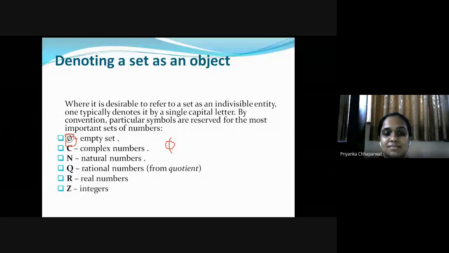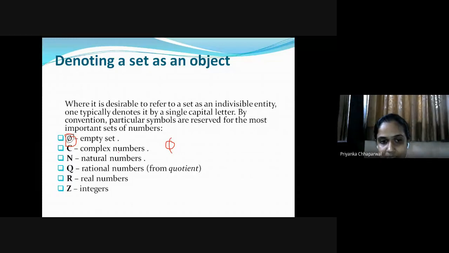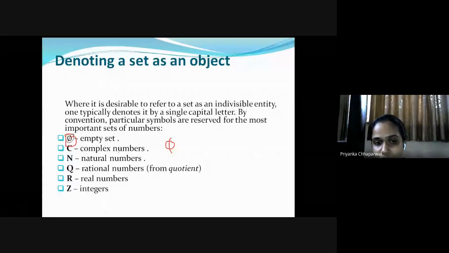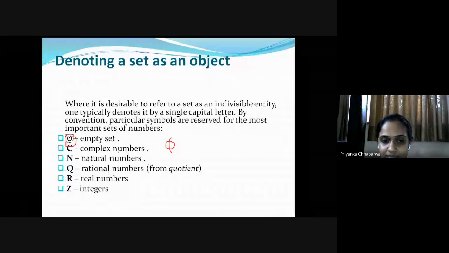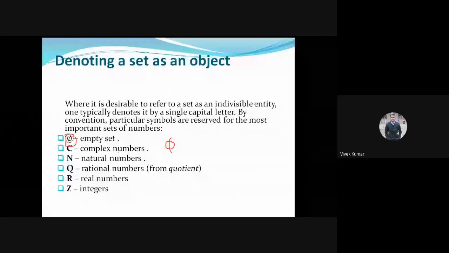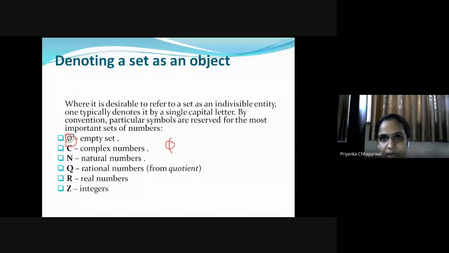Always remember, students, C is the notation for complex numbers. Can anyone define what a complex number is? A complex number can be represented as a plus bi, where a and b are real numbers and i is the imaginary part.